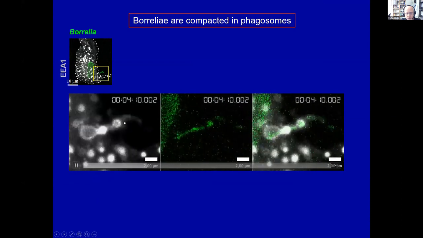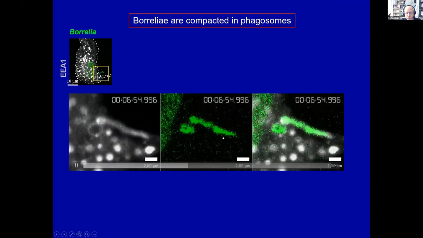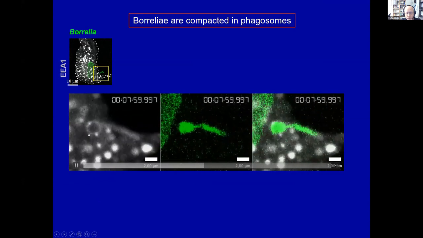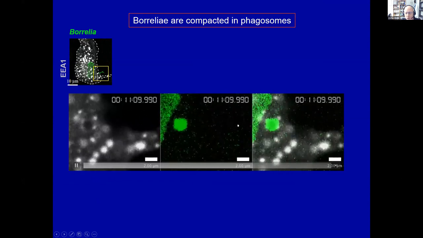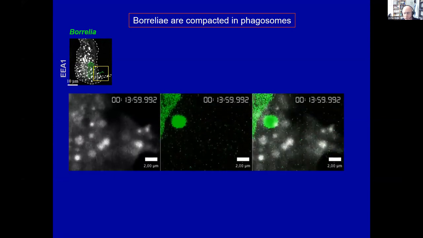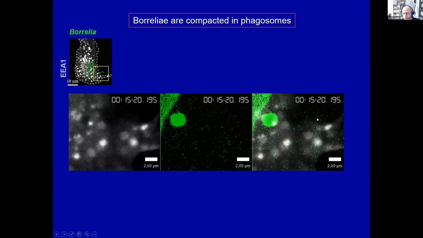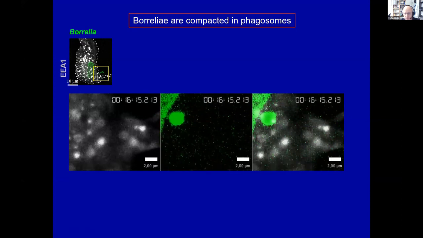It's in contact with the surface, and then you see that it's very much sucked into the cell and compacted in this ball of a phagosome that initially is also positive for EEA1. So this elongated spirochete really becomes compacted into this tiny little ball, a step that we now refer to as a compaction event.